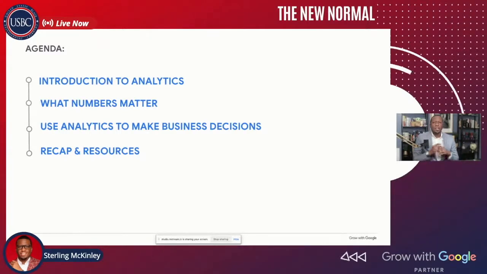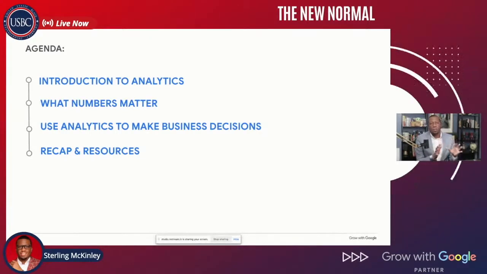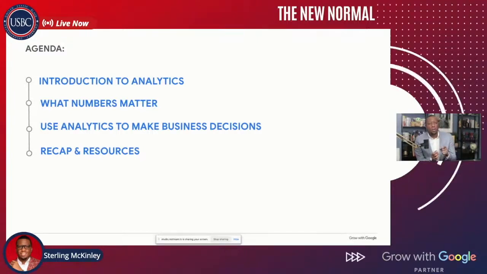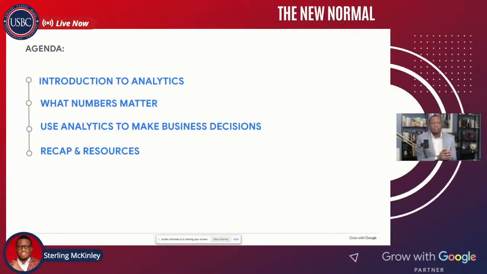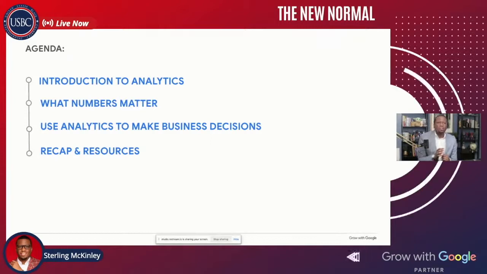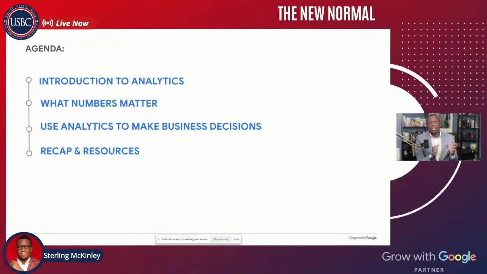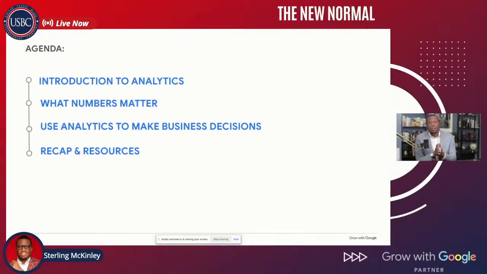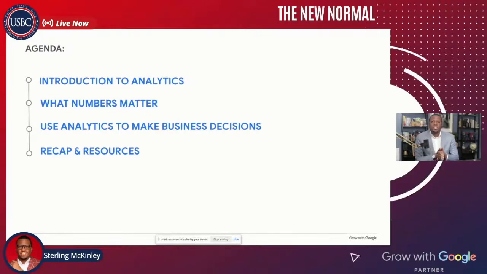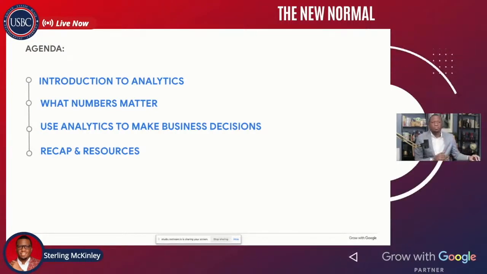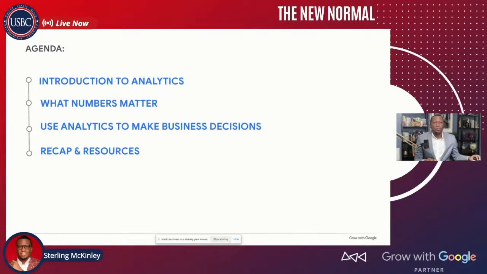But I'll give you a general understanding of what numbers you need to track to help measure your success. And then we'll talk about how you can use analytics to make business decisions. That's something that's very key. They're not just numbers, they're not just data, it's stats. Those data and those stats are telling you things. So we'll talk about how you can look at your data and say, okay, my data is telling me this, let me do this and this. And then we'll end with a recap.